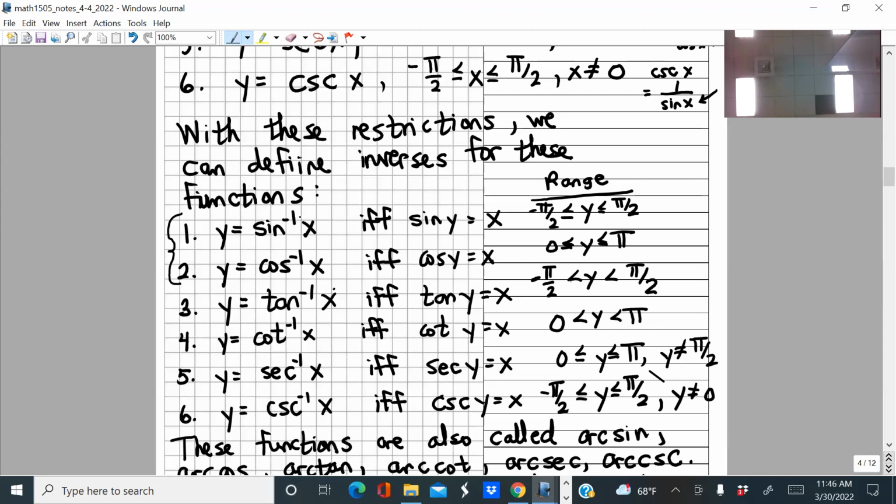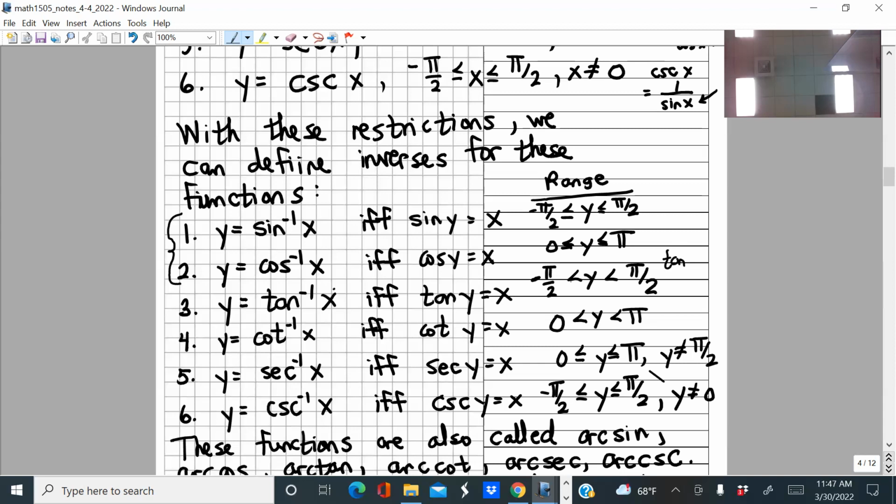So we already mentioned for sine, it's minus pi over 2 to pi over 2. For cosine, it's 0 to pi. For tangent, it's back to minus pi over 2 to pi over 2, which is the same as arc sine, right? The way to remember that is to remember the definition of tangent. How is tangent defined?